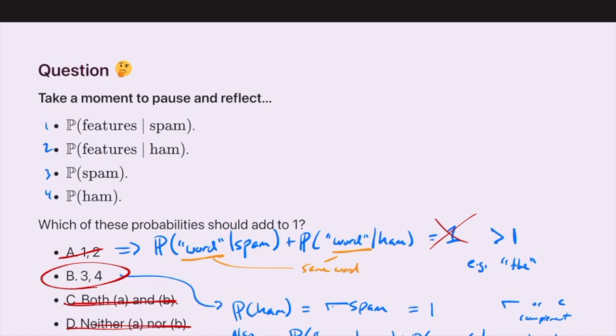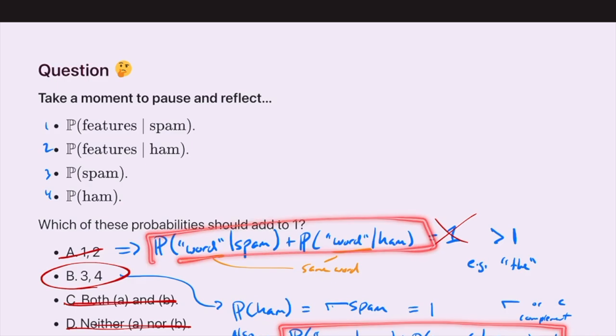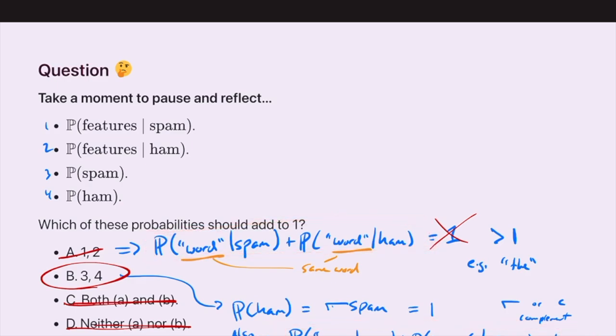That could have equaled 1 as well, but this is not the same thing as this. So that's just something to keep in mind. The reason being that the classes are different. This is an occurrence of a single feature in one class. That feature is either in the class or not. Therefore, it equals 1.